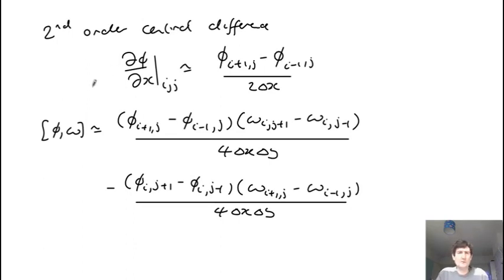So if you multiply this term by, say, omega ij, what you end up with is a term with omega i j plus 1, and basically the terms with all the omegas at each point nearby.